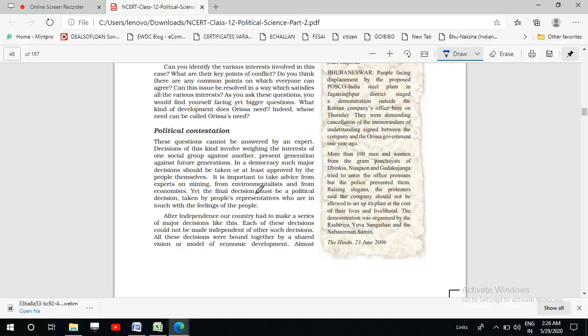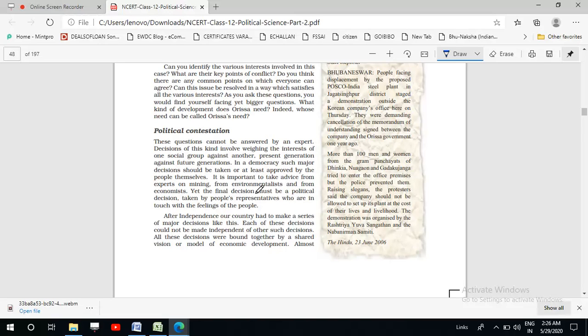The expert of mining must give their advice to the ministers. The expert of environment, that is the environmentalist, must give their opinion कि अगर सरकार decision लेती है, अगर government is going to allow this company to set up its unit in Odisha, then what will be the impact of that decision on the environment of the region?